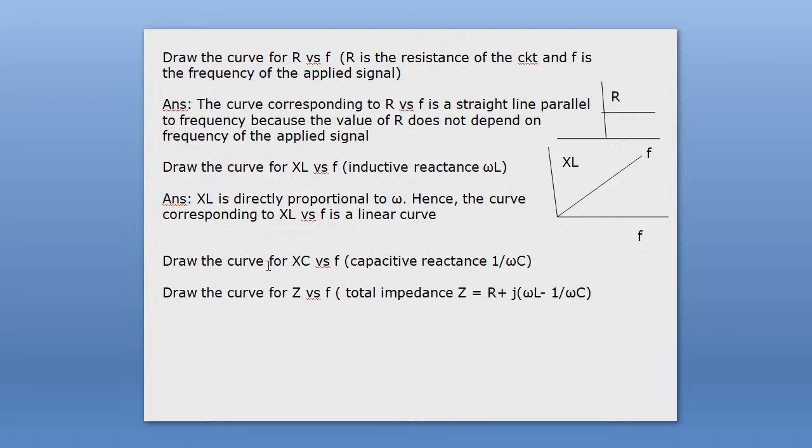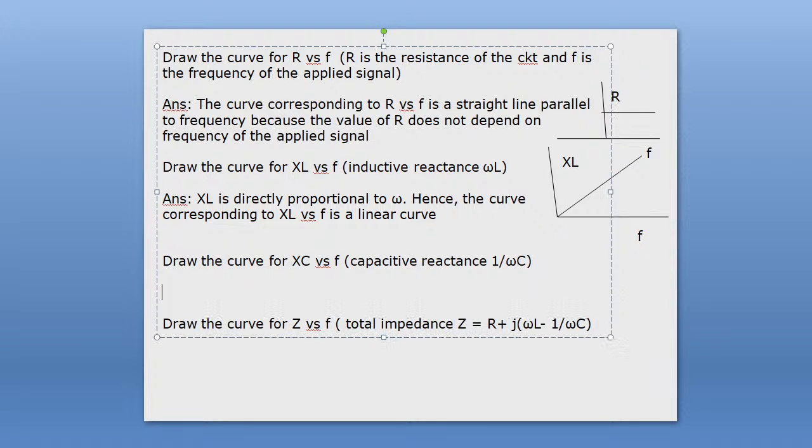For the third case, the reactance is inversely proportional to frequency. So Xc is inversely proportional to frequency, omega.